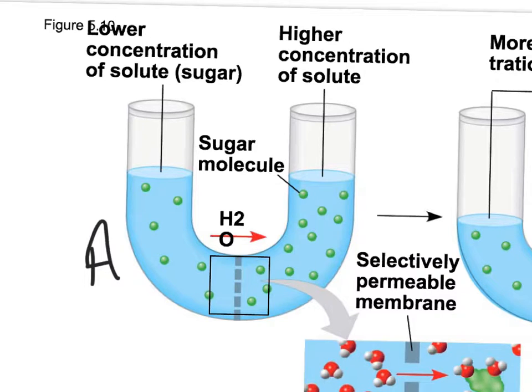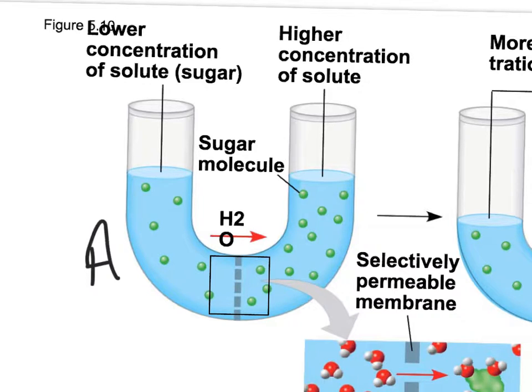So what's going to happen? In terms of sugar, what wants to happen? It wants to go towards where, Carolyn? It wants to go towards the left, right? Sugar does. Why isn't the sugar moving to the left? The membrane is selectively permeable, and it's not allowing the sugar to pass by.